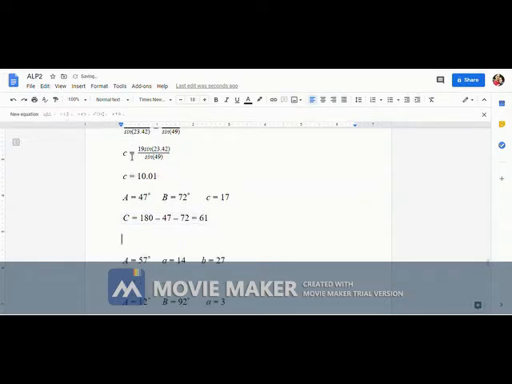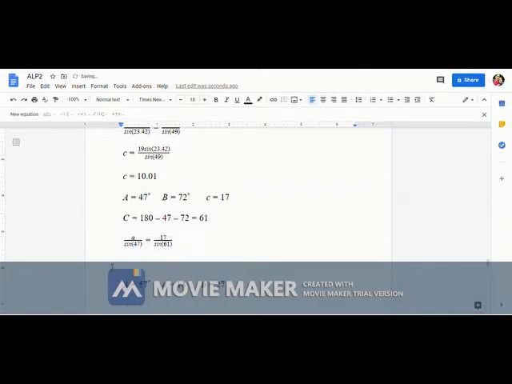Now that we have a side and its angle, the angle opposite in the triangle, we can use the law of sines to determine the sides that are going to be opposite of these angles. So A over sine 47 equals 17 over sine C, which is 61.